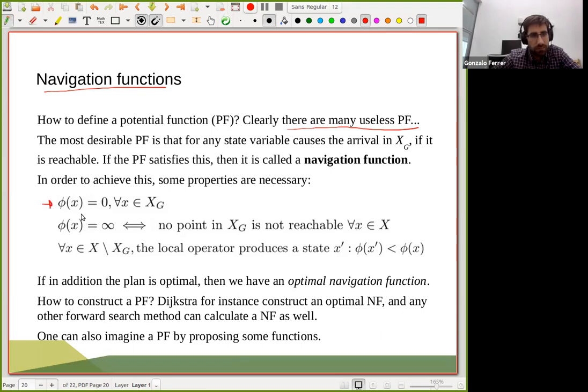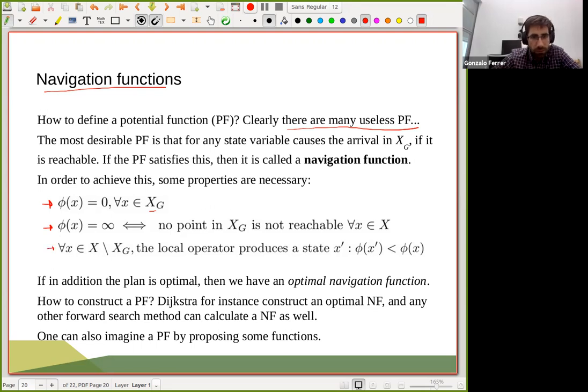It has value 0 when you reach the goal. It has value infinity if you cannot reach the goal. This is very important. The same happened with the optimal cost-to-go: we had infinite values when we couldn't reach the goal at all.